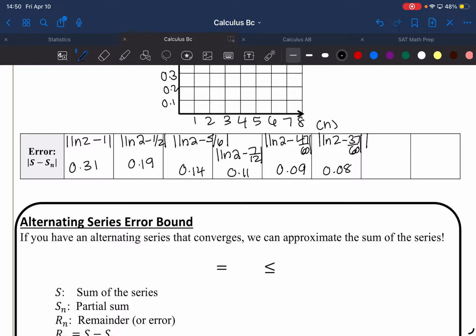And if you were to actually solve this out, like the natural log of 2 minus these values, you're going to get a decimal that is much larger than the one I'm writing. I just rounded it to 2 decimal places.